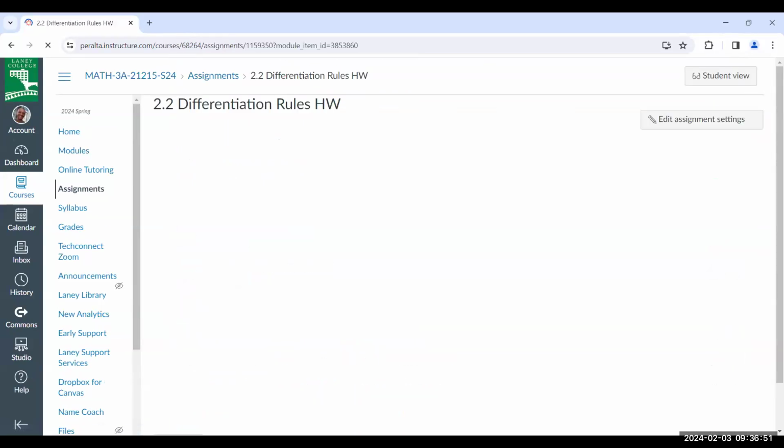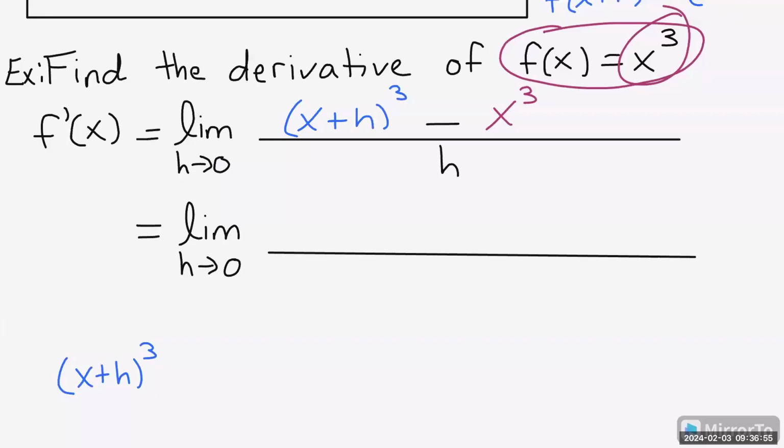So just going back to this, I'm just going to expand x plus h times x plus h times x plus h without going through the whole process. I'm just going to do my little shortcut. Again, if you want to see what the shortcut is, watch that proof of the power rule and you will see it.